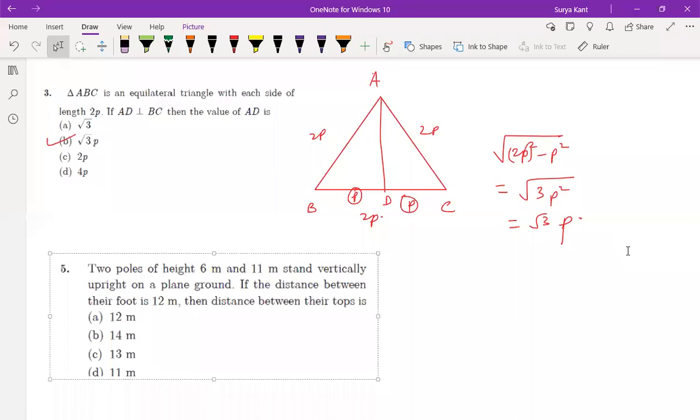Sir, 13 meters. Yes, sir. 13 meters is the correct answer. Okay, fine.